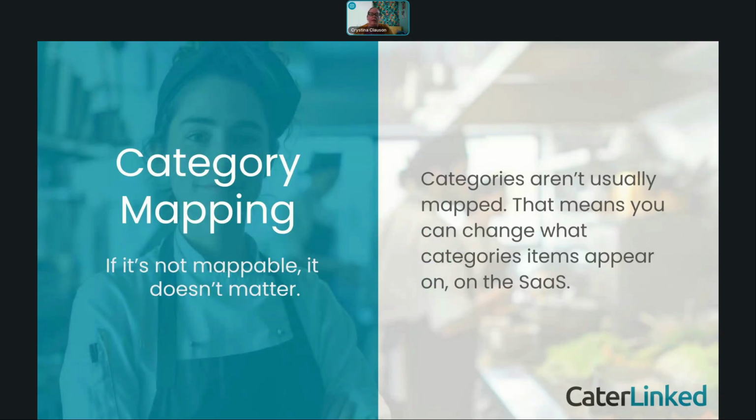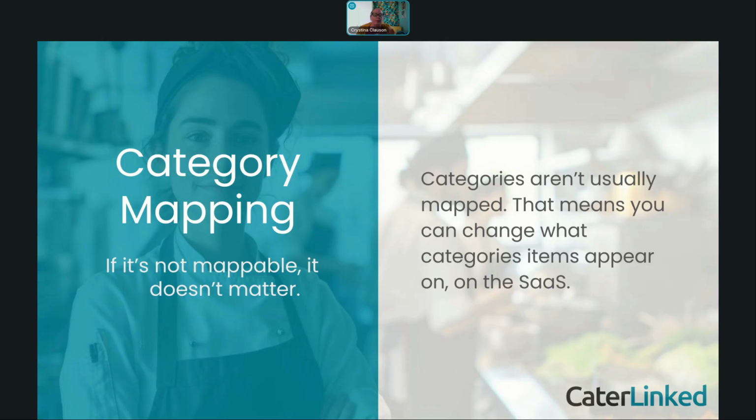They're just buttons. There are very few things that categories are mapped for, unless you are doing online ordering through your point of sale. Those will sometimes be mapped. But category numbers, names don't matter. They are not mapped. So categories for online ordering and catering don't matter.